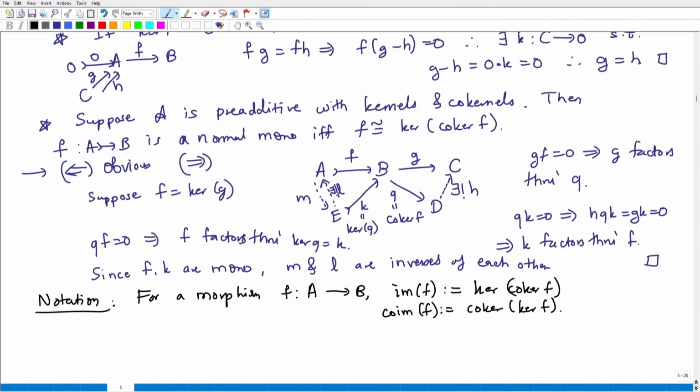So image is not an object. Just like I said that kernel is not an object, it's a morphism. Image is also a morphism.